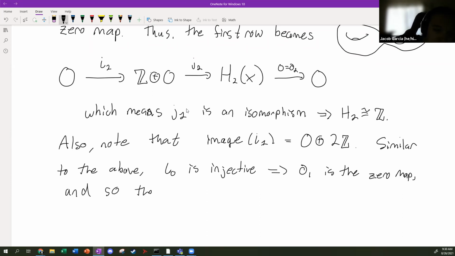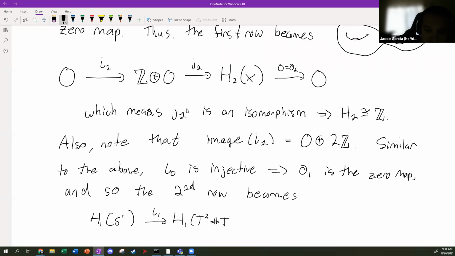And so the second row becomes H1 of S1 maps via I1 to H1 of the genus 2 surface plus H1 of the Mobius band, which maps to H1 of X, which maps via D1, I should put J1, which is the same as the 0 map into 0.